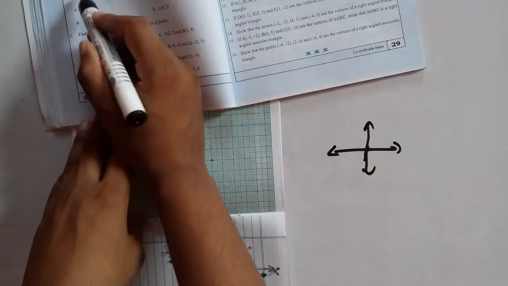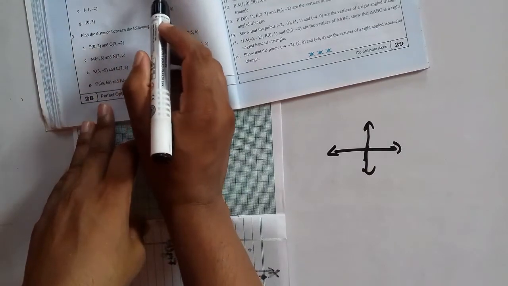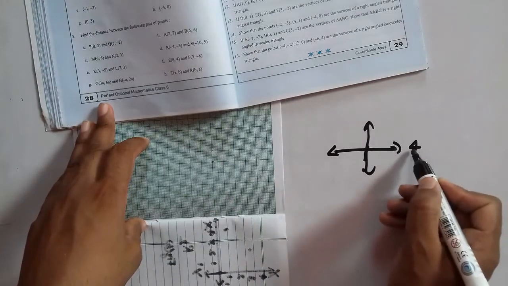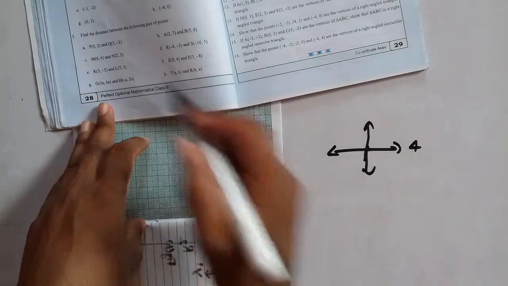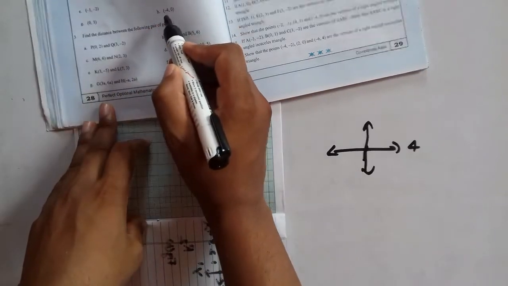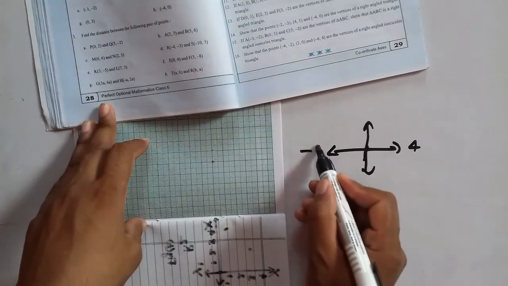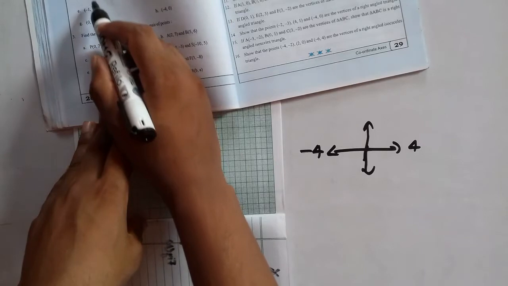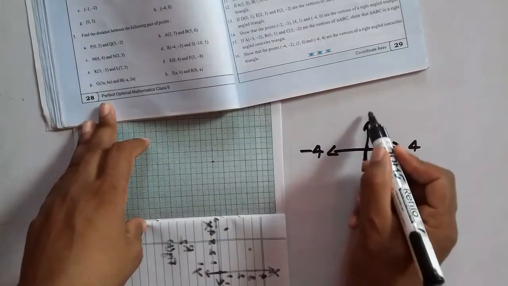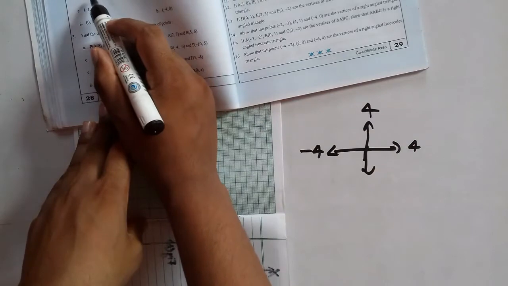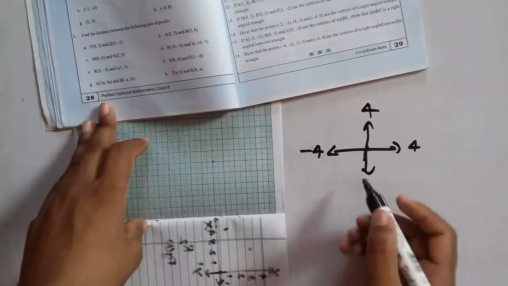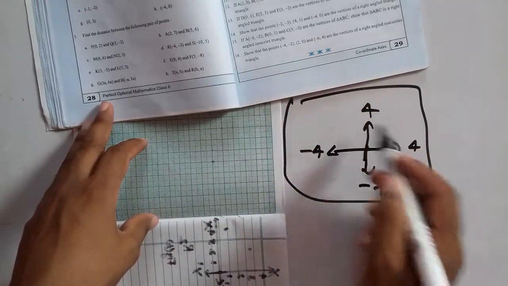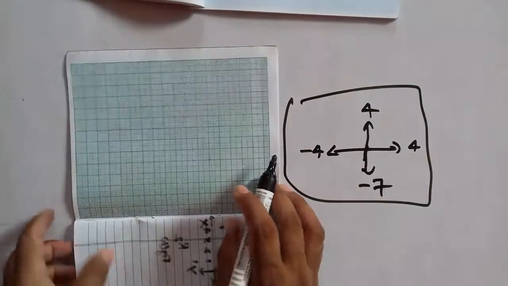Here 4, so 4 is maximum for x towards right and towards left. Minus 4 is there, and for y, positive is 4 and negative is -7. So a graph containing this many units we have to make.